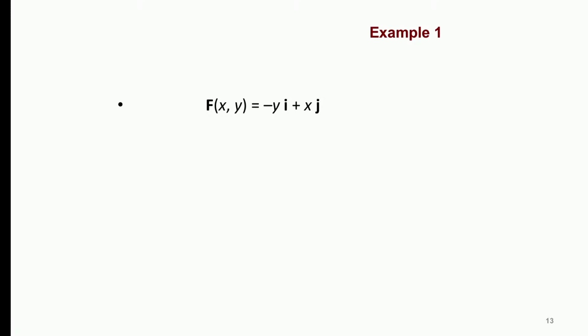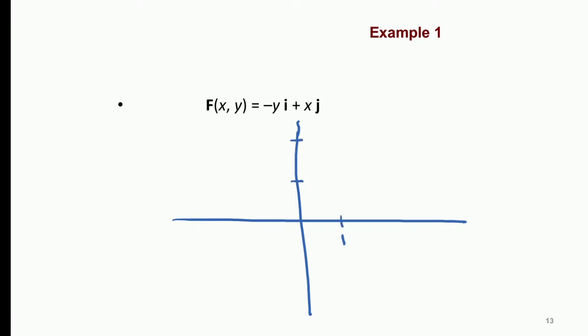So let's try to draw this vector field. First things first, we're going to draw our axes and then decide on where the points are going to be. Let's go out 2 units in each direction.